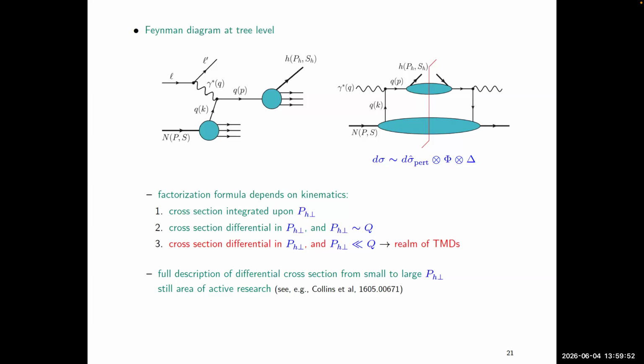And this is also the realm of the TMDs. In this case, you are sensitive to the transverse momentum of that quark relative to the incoming nucleon, and also sensitive to the relative transverse momentum between the fragmenting quark and the outgoing hadron. So that's the realm of TMDs.